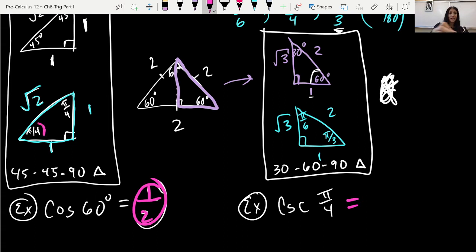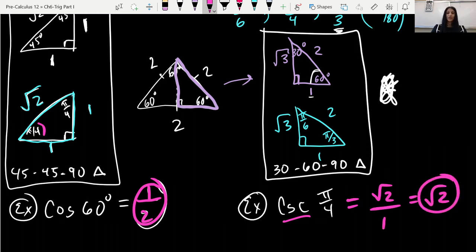It really doesn't matter which one I use, it's going to be the same thing. And we know that sine is usually opposite over hypotenuse, so this time it's going to be flipped because it's cosecant. So it would be hypotenuse over opposite. The hypotenuse there is root 2, and opposite is going to be 1. So the answer is just root 2.